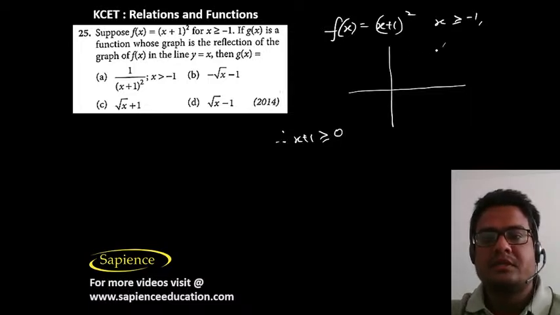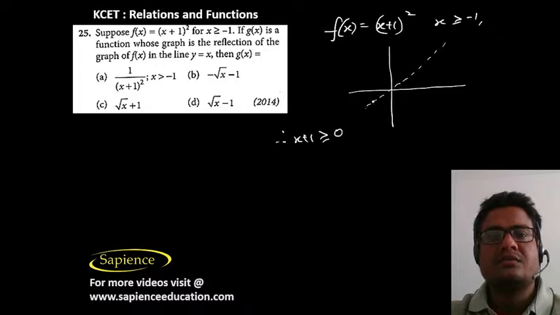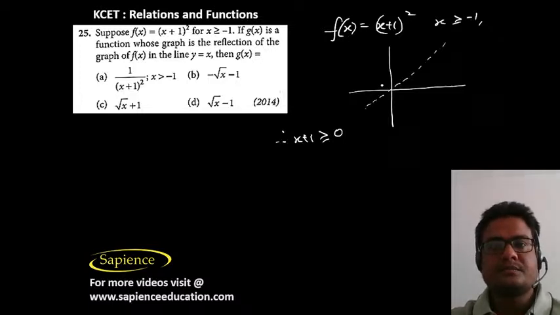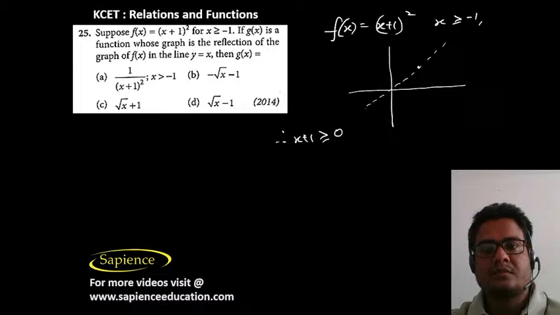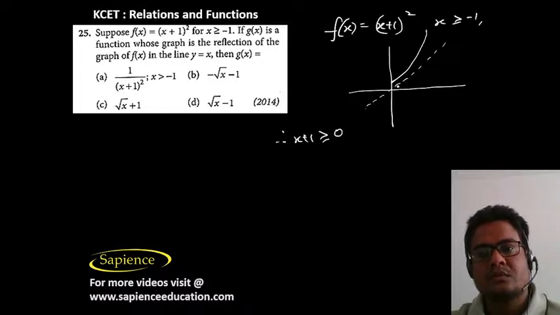So we know the graph of f of x is somewhat like this. This is y equal to x, and this is the function.